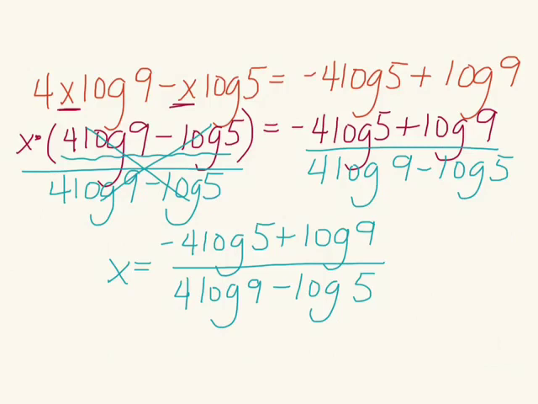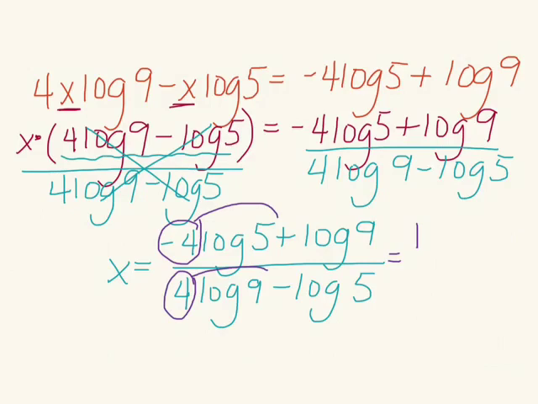So we're going to use the power rule first. When you're combining with logs, you always use the power rule first. So any numbers that you have in front of your logs, those are going to become exponents. So this -4 is going to become an exponent on the 5. And the 4 is going to become an exponent on the 9.